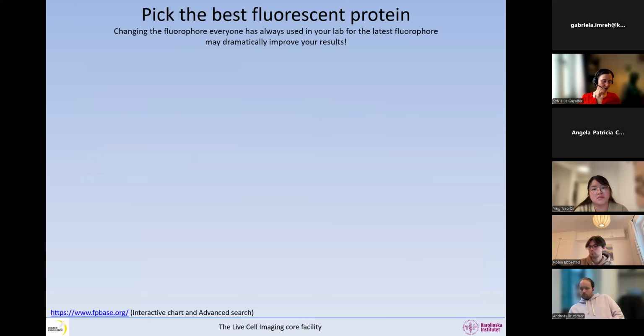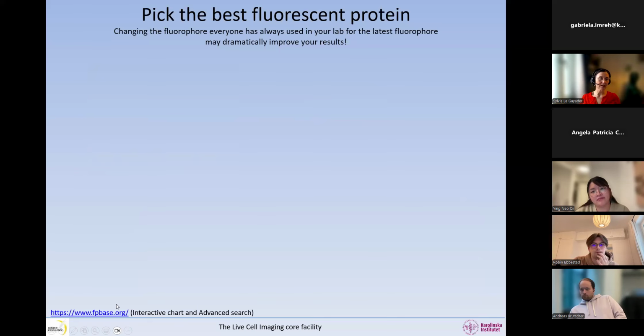Your lab may not be expert in fluorescence, and they might not realize that the fluorophore they have always used, the one the whole lab has been using forever, is not the best. Fluorophores evolve and get better and better. Just by changing the fluorescent protein that you're using, you may really improve your results. And you may help your lab by telling them, okay, let's change our construct.